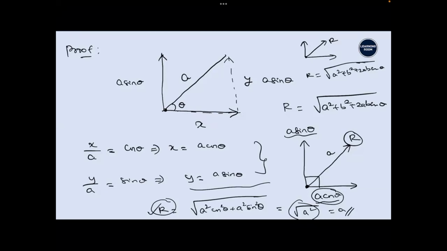Root of A square cos square theta. A is A cos theta, B is A sin theta, so A square sin square theta. So if I take out A square common, cos square theta plus sin square theta is 1. So that's the answer. Shall I proceed?